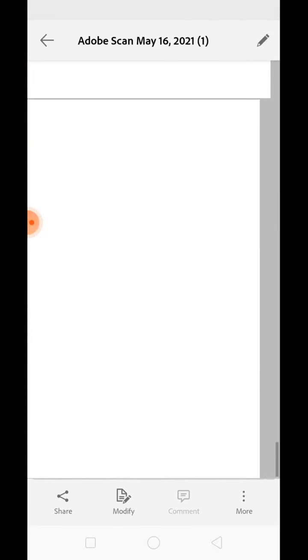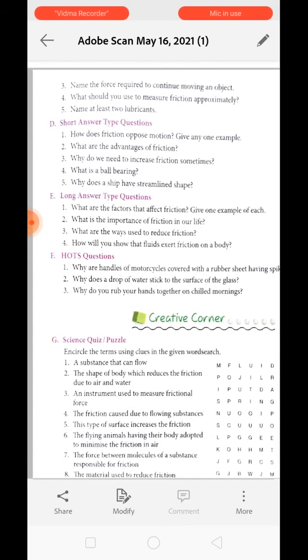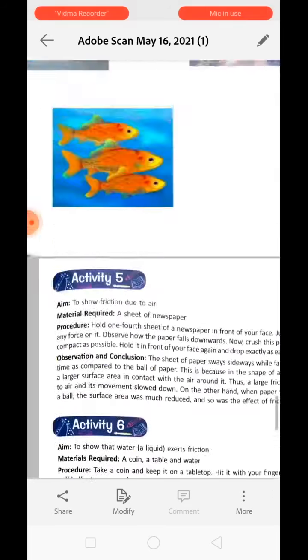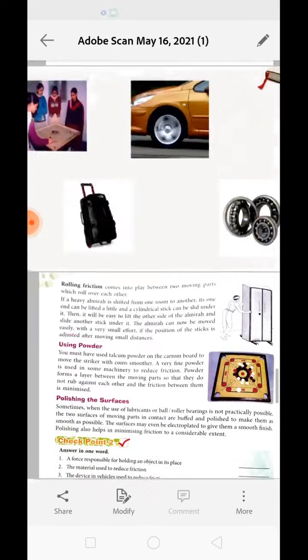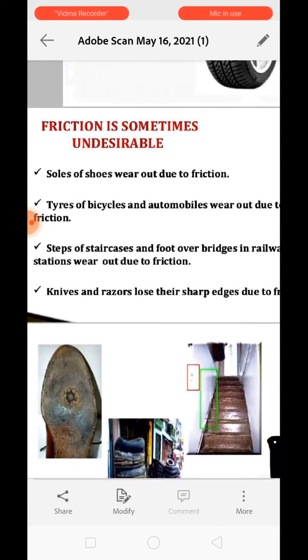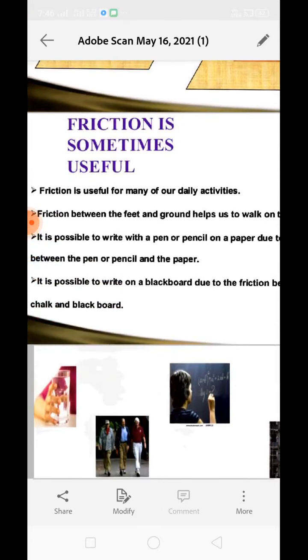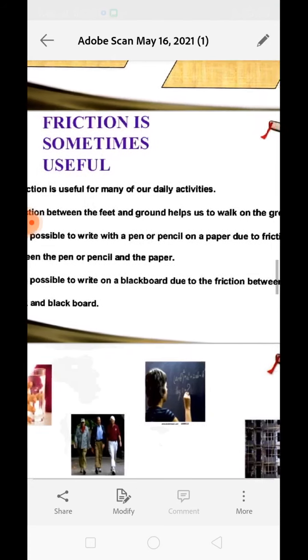Now next question. What is the importance of friction in our life? Second question, importance of friction in our life. See over here, friction importance is given. Friction is useful for many of our daily activities. Friction between the feet and ground helps us to walk on the ground.